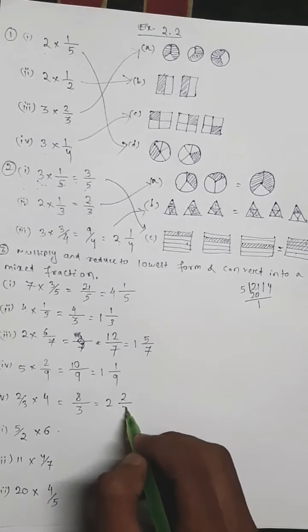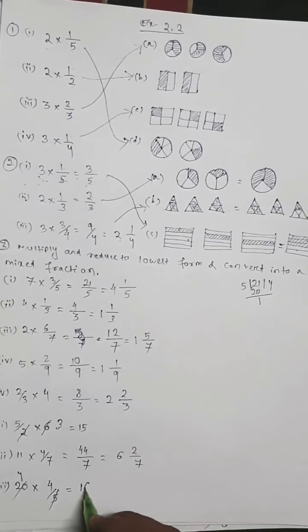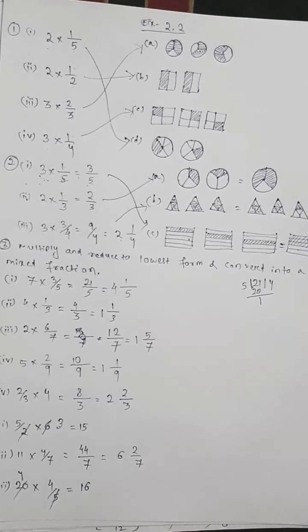When it is converted into mixed fraction, it will become 6 whole 2 upon 7. And the last one is 20 into 4 upon 5. Here also 20 is divisible by 5, so we can simply divide it. 5 4s are 20, 4 4s are 16 is your answer.